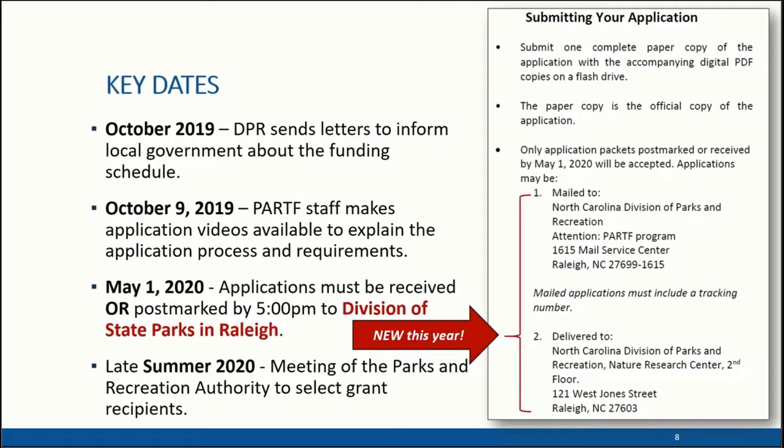In the past, you've been able to deliver them to regional offices with RRS or other locations. Moving forward, as we move to this digital application process, all applications need to be delivered to the Division of State Parks and Recreation in Raleigh, North Carolina. It's at the Nature Research Center, the museum on Jones Street in downtown Raleigh. This is where they must be delivered, either by mail and with one paper copy.